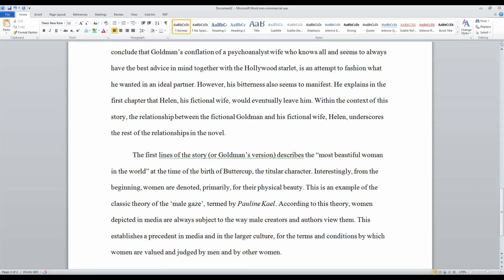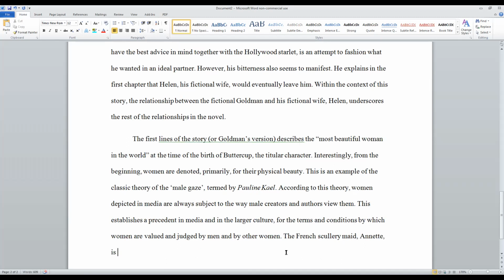The French scullery maid Annette is suspected by her employer, the Countess de Guiche, of sleeping with her husband.